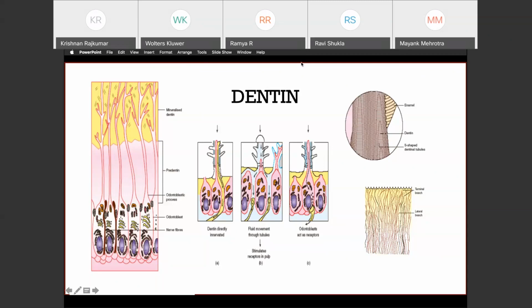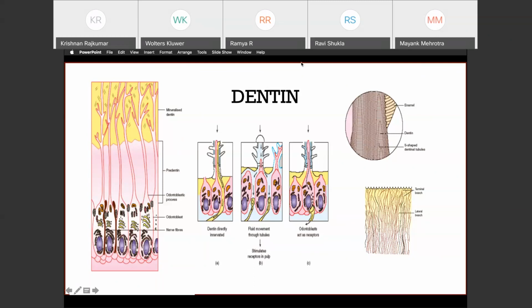Secondary dentin is one which forms after the root completion is over. That's a normal phenomenon, whereas tertiary dentin is another type. Under that you have reactive dentin and reparative dentin. Reactive dentin is formed by the existing odontoblasts, whereas reparative dentin is formed by odontoblasts which come from the outermost cells of the pulp.